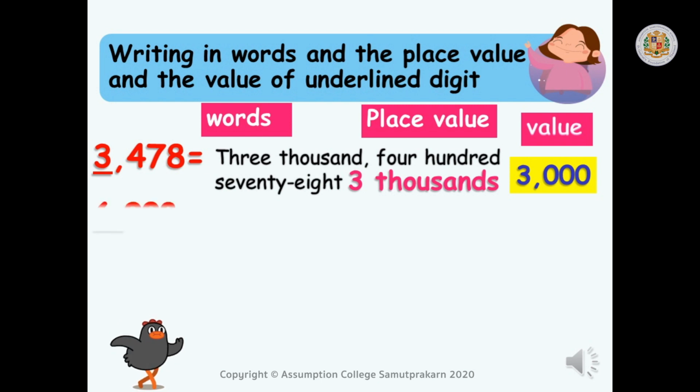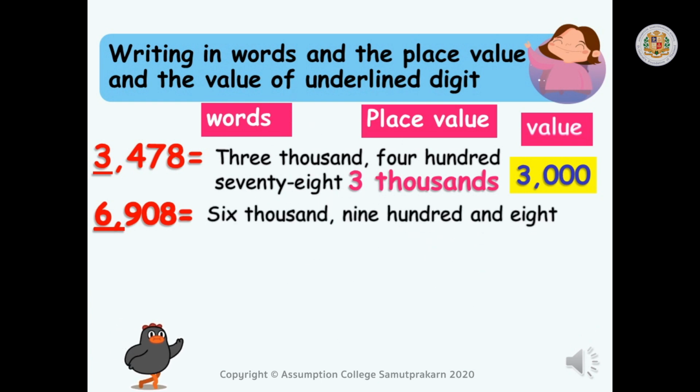For the second example, digit 6,908. Please read the number by yourself. Correct. 6,908. The place value of digit 6 is 6,000. And the value is 6,000.